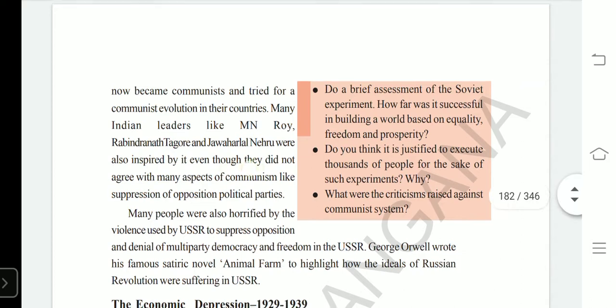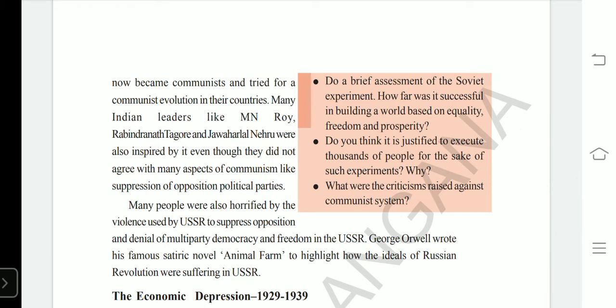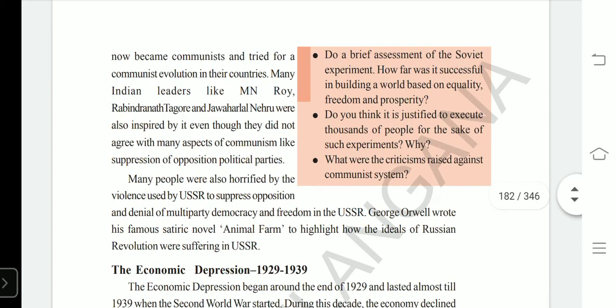They were inspired by the ideas of development in communist Russia, though they did not like many aspects of communism. Communism is different from capitalism. Certain aspects of communism we do not like.